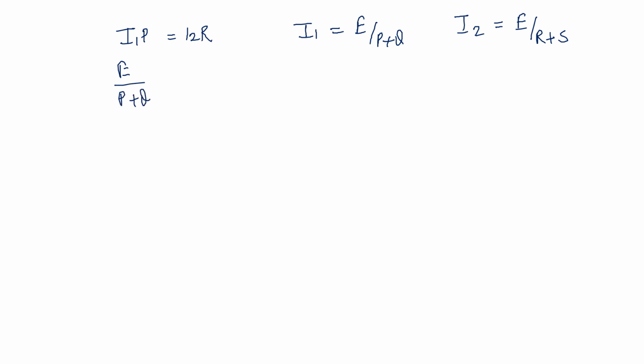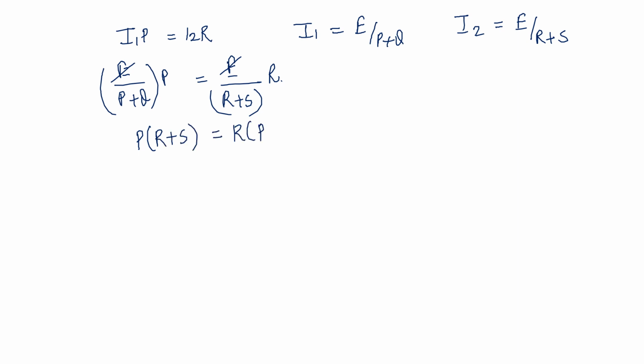I1 P equals I2 R. I know I1 equals E upon P plus Q and I2 equals E upon R plus S. Substituting, E upon P plus Q into P equals E upon R plus S into R. This E and E is common in both. Now this will give us P into R plus S equals R into P plus Q.